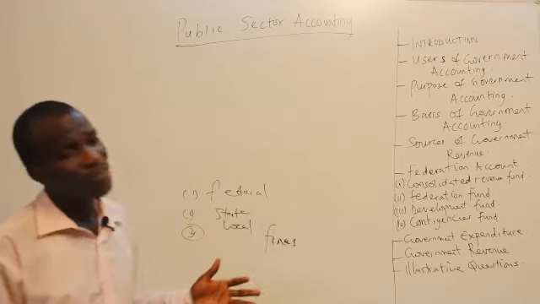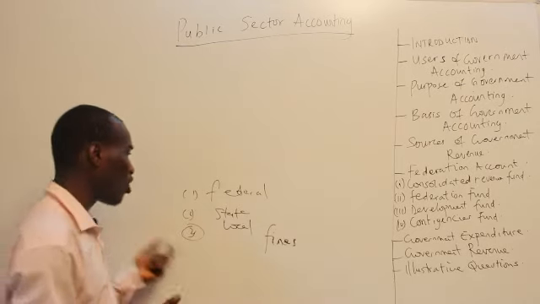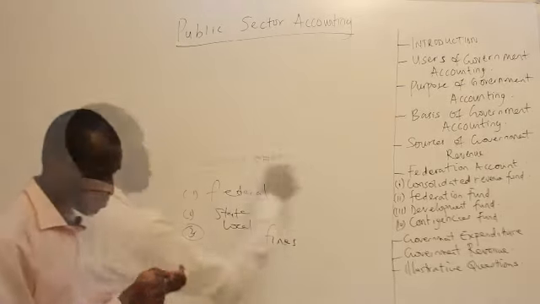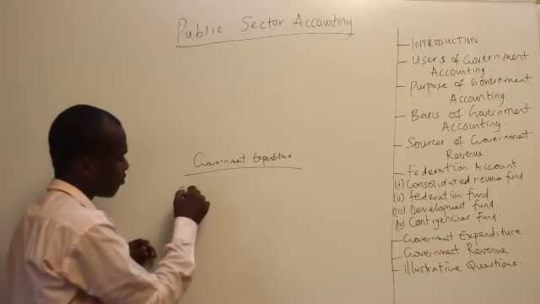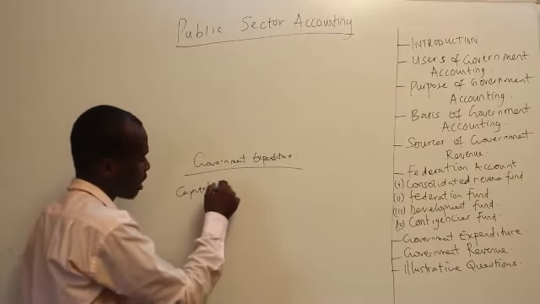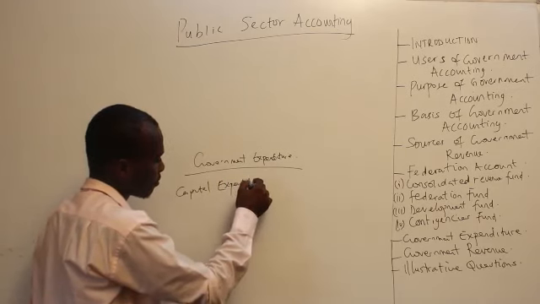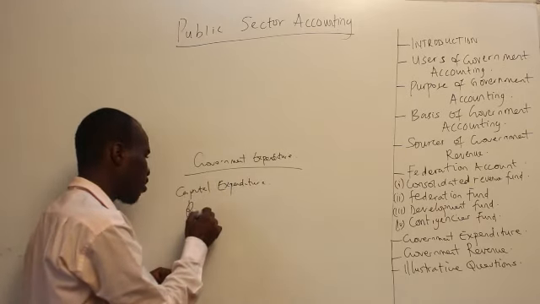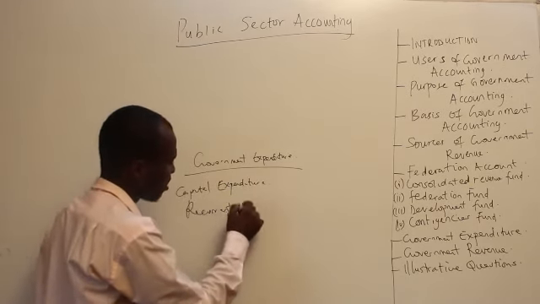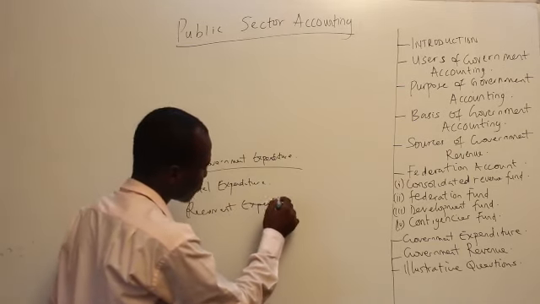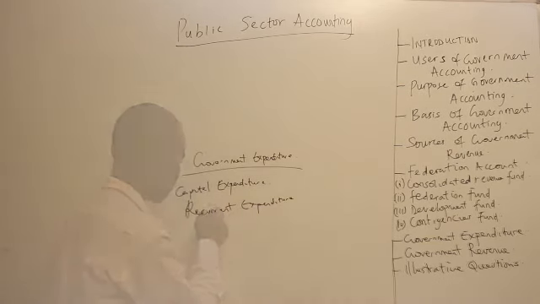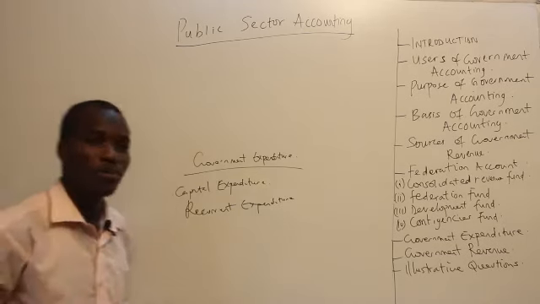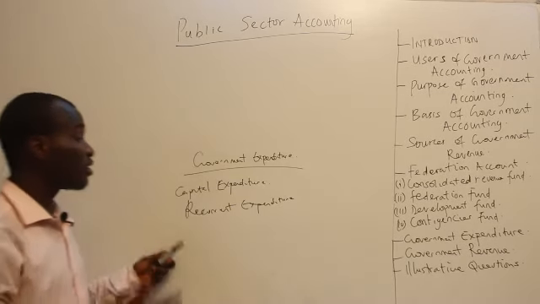When talking about government expenditure, we have two types: the capital expenditure and the recurrent expenditure.